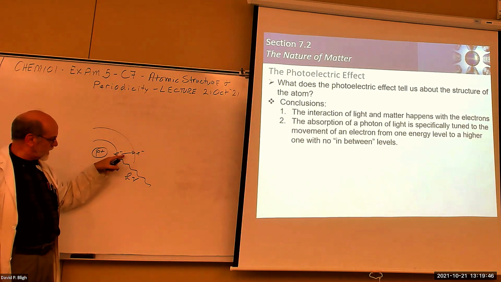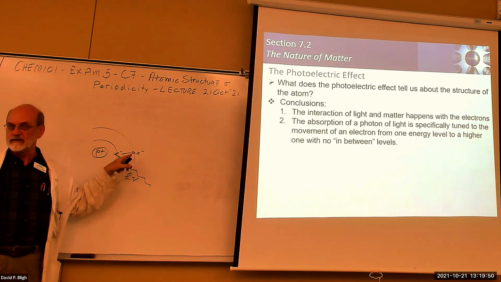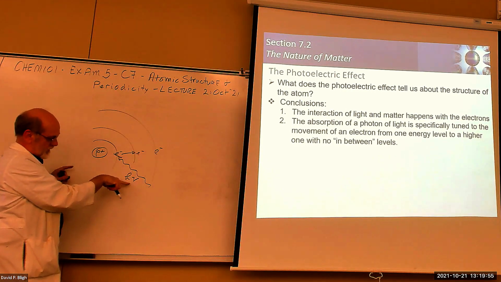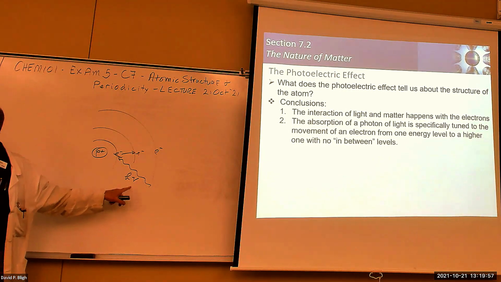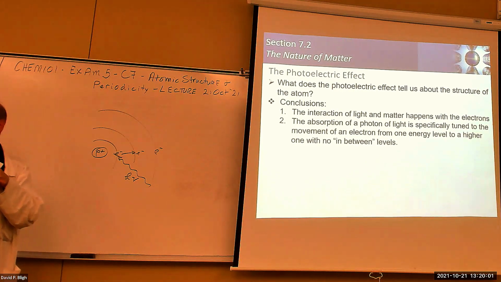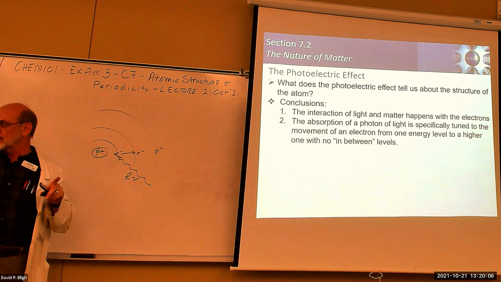It doesn't just go up here in this space. It can only go from here to here. Or it can go to a higher energy level if the energy is sufficient. Right? So this quantized energy allows us to predict the movement of electrons to energy levels.